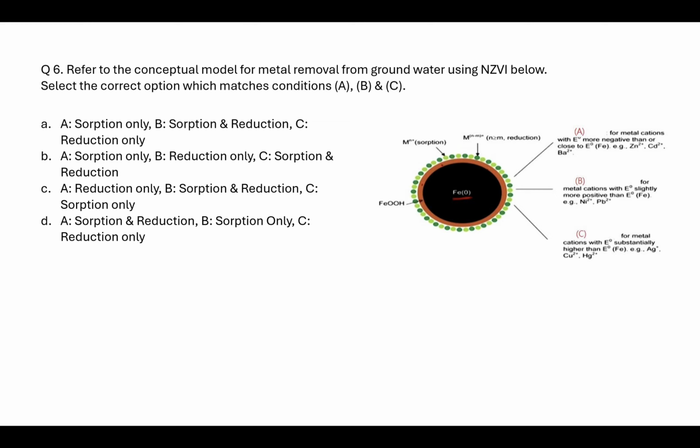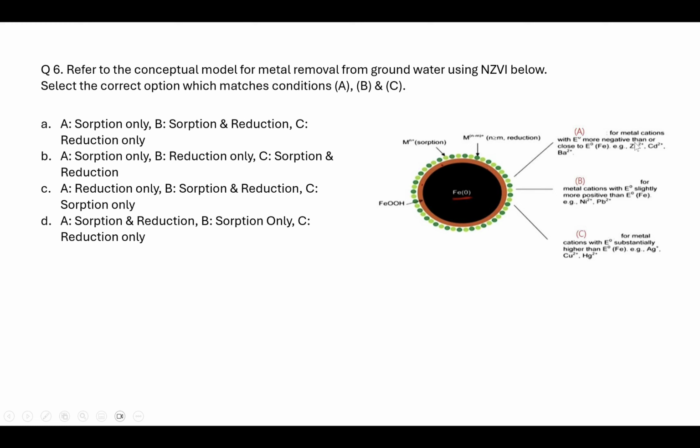So first for A, it is given that for metal cations, where E naught is more negative than or close to E naught value for iron, like zinc or cadmium. So when the E naught value of the heavy metal will be similar to E naught value of iron, then if iron is getting oxidized and giving electrons, and the E naught value of suppose zinc is similar to that of iron, then zinc will not accept that electron, rather it has affinity to donate the electron.